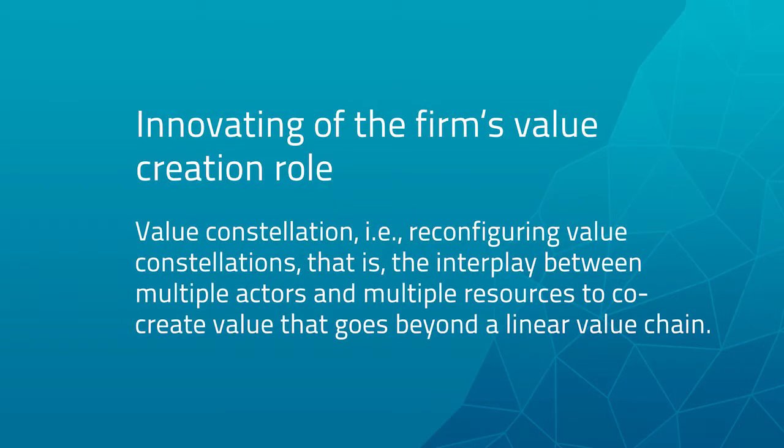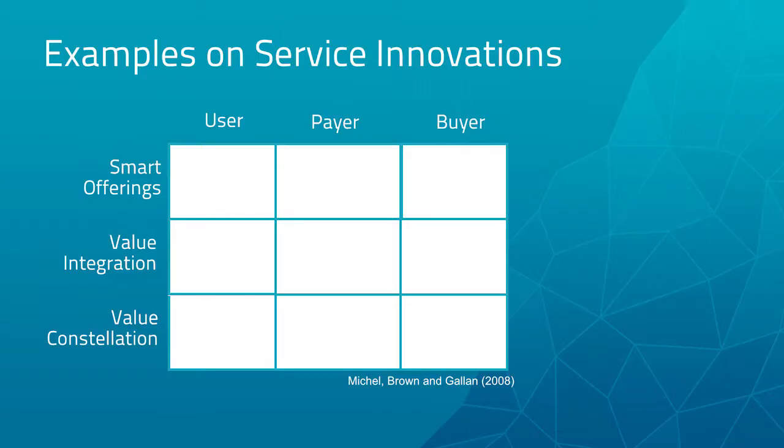Value constellation, changing it, means that if we have two players, we introduce a third player into it, meaning we change the whole constellation that creates value. And what Michel, Brown and Gallen claim in their paper is that we now have a matrix with two dimensions that we can analyze what the service innovation is.